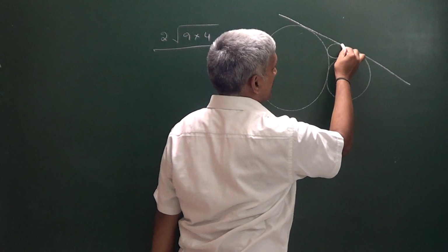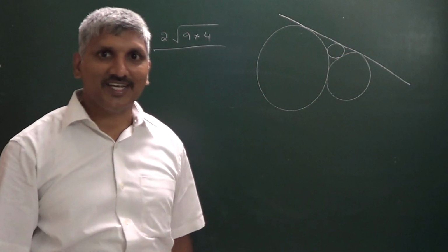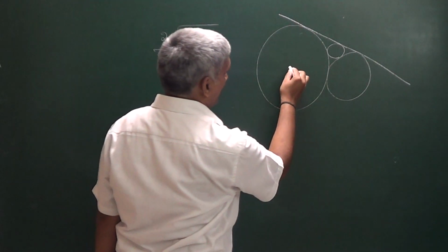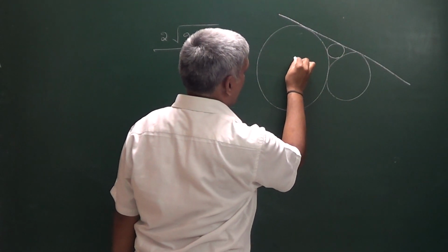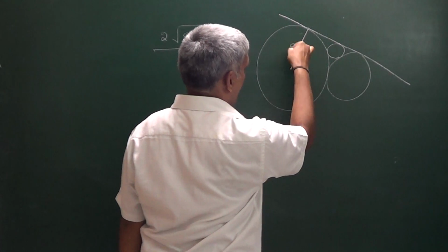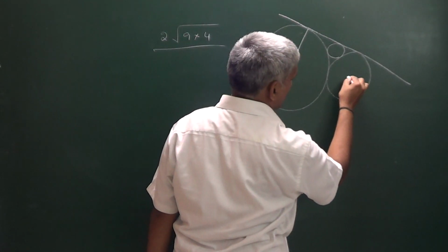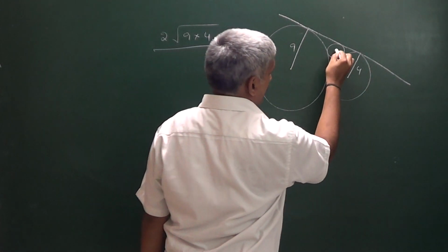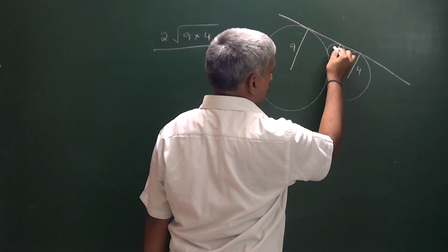This circle touches both the circles and also touches the direct common tangent. Right? All of you observe here. This circle radius is given as 9, this circle radius is given as 4. Let us say this circle radius is r.